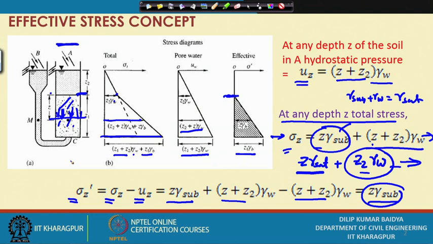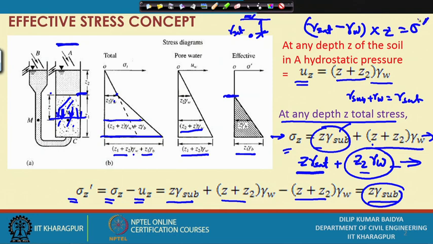So, that means, in the no flow condition, if I want to find out the effective stress and it is fully saturated, suppose there is ground and it is saturated here, and I want to find out what is the effective stress here. Then, if I know the gamma saturated here, then gamma saturated minus gamma w becomes gamma sub, and into this depth, that is z, that becomes sigma dash directly.